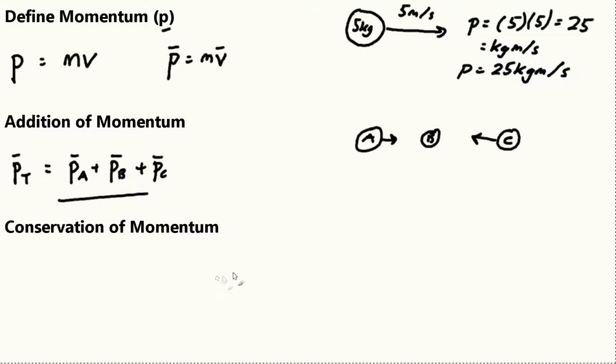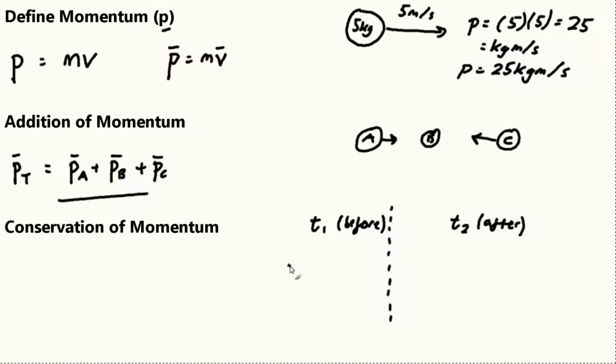Lastly, we have the conservation of momentum. If we consider two times, time 1 and time 2, where time 1 is before a reaction and time 2 is after a reaction, so we'll say before and after.